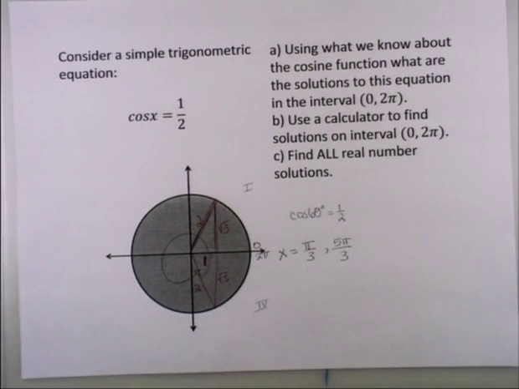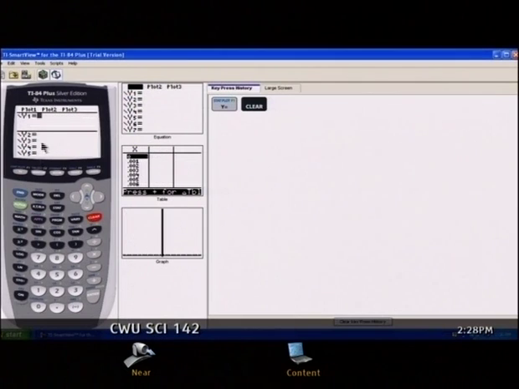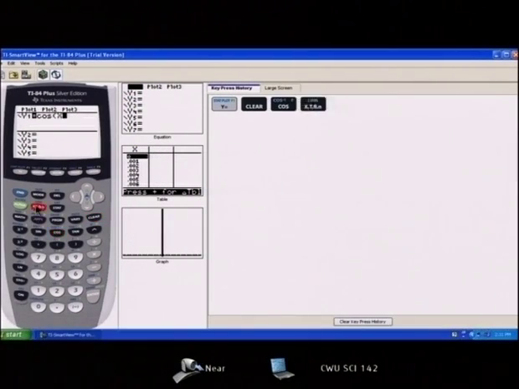Now, using our graphing calculator, let's see if I can turn this calculator on here. It's on. So using the graphing calculator, let's see if I can figure out how to do this. Y equals, I need to clear that equation. And I want to look at the cosine of x. And I want to know where it equals 1/2.